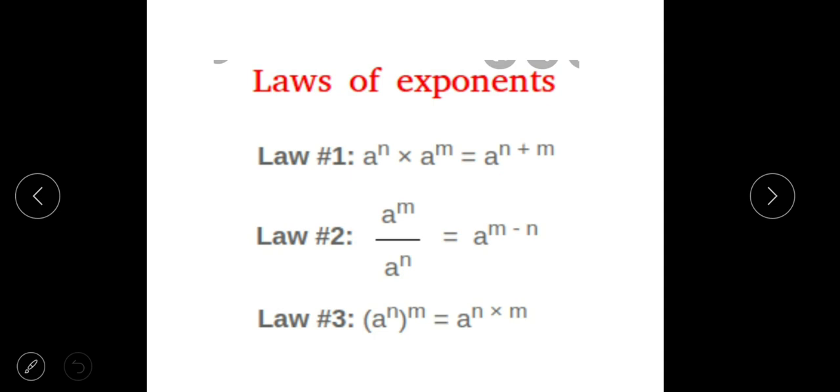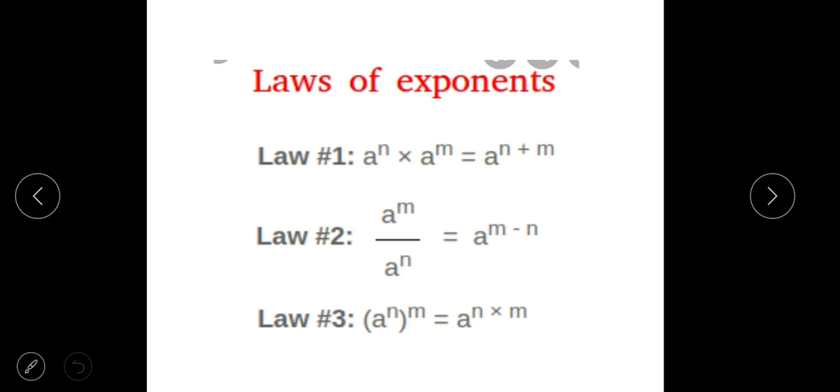If two exponential terms are given with the same base and different exponents, here a is the same base. To multiply with the same base, what to do? We just add their exponents.